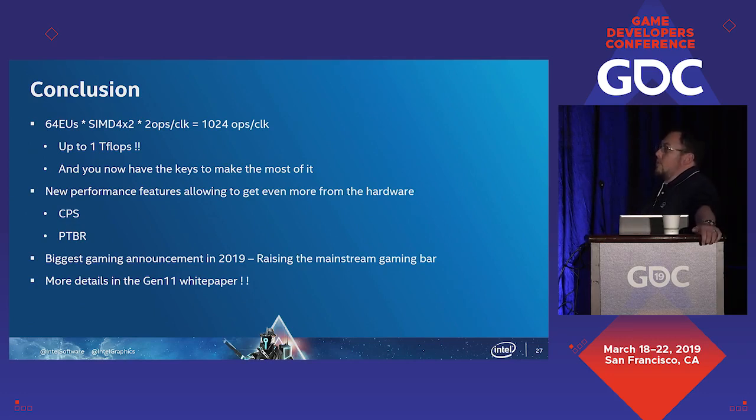Our capability for a Gen11 mainstream device is 1 teraflop, which we think is pretty strong in the market. We've got these great new features: CPS variable rate shading tier 1 support, and tile-based rendering support for your bandwidth limited applications.